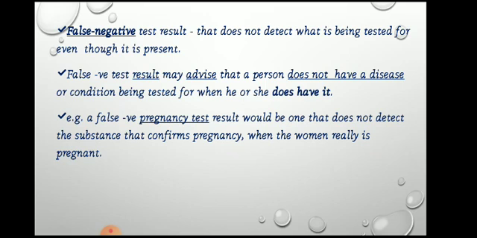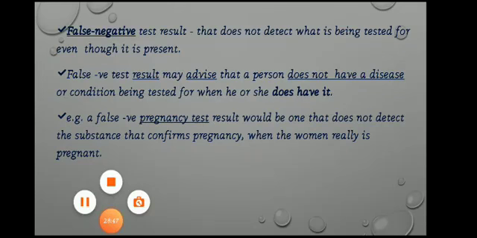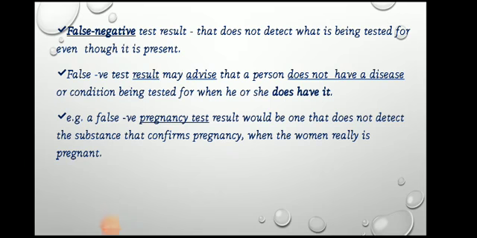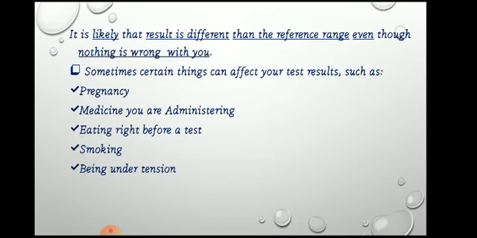When the test is done, it will show a negative result, meaning as per the test the pregnancy is absent, but actually the woman is pregnant. So what we can say about this condition is that a false negative test has occurred, which is a problematic condition, definitely.